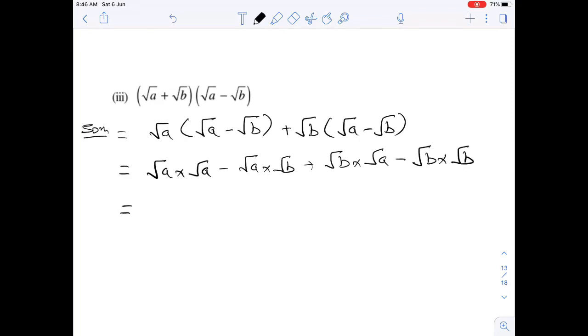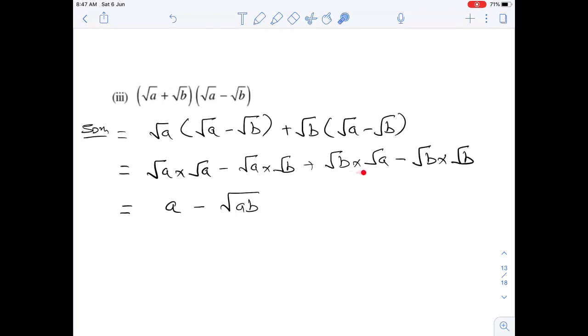Now we have learned earlier, when two numbers have the same root and same base, we just write the base as it is. So root a into root a will be only a. Now minus, these both have the same root, so we can write them together under one root, a into b, which can be written as ab.